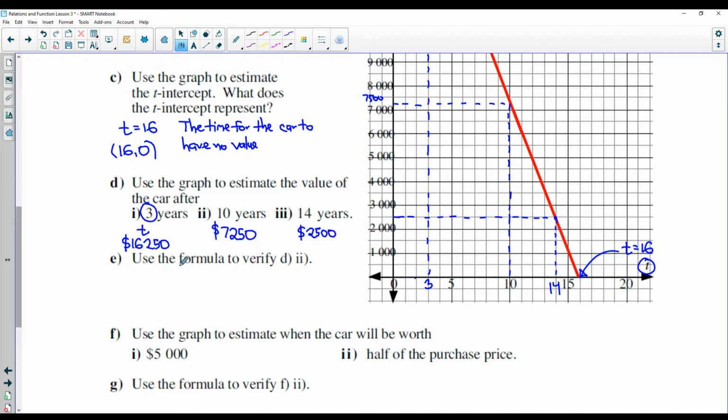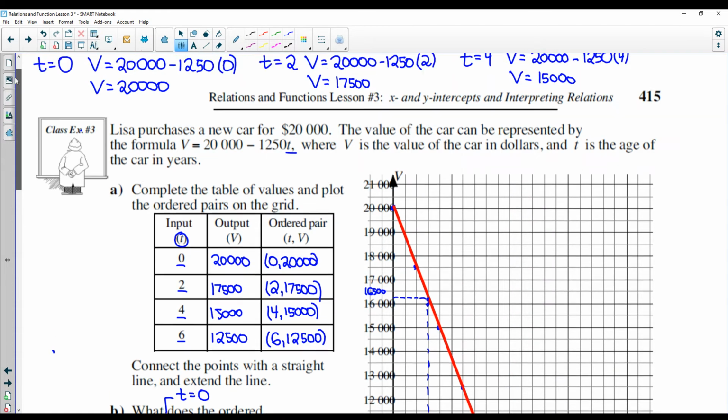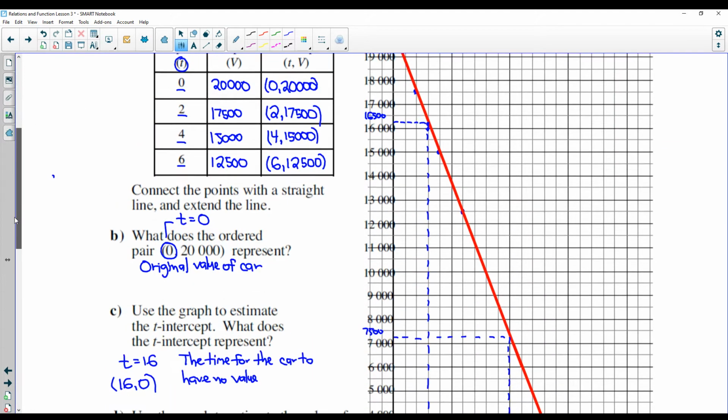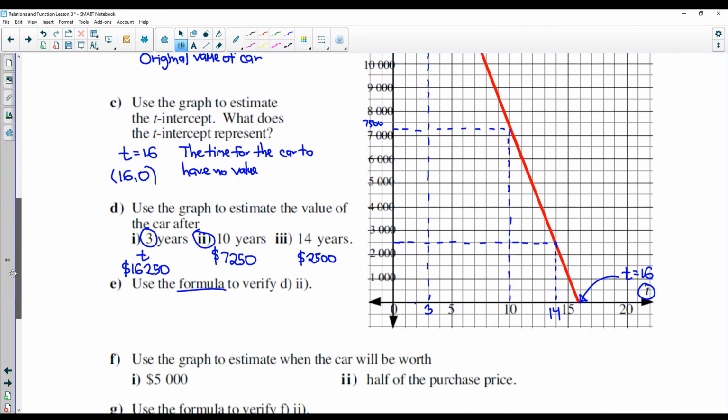E says use the formula to verify the answer we got in D part 2. Our equation, if we go all the way back up to the top, is V equals 20,000 minus 1250t. So let's write that equation down again: V equals 20,000 minus 1250 times t.